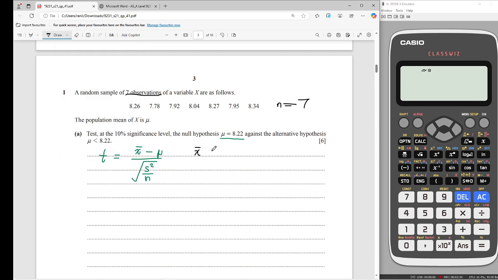The sample mean is equal to, so how would we calculate the sample mean? It is just the sum of all the x values above divided by the number of terms n. So let's calculate the sample mean.